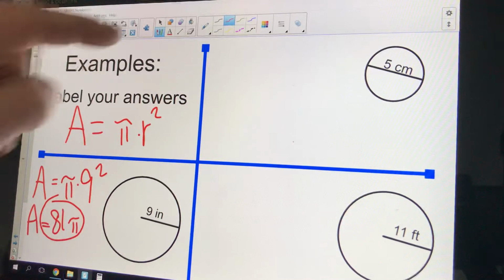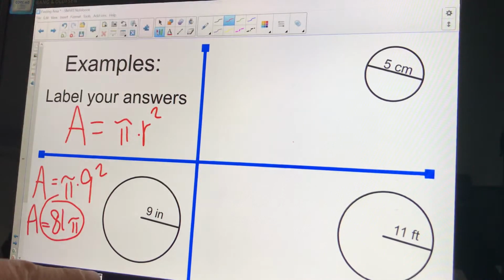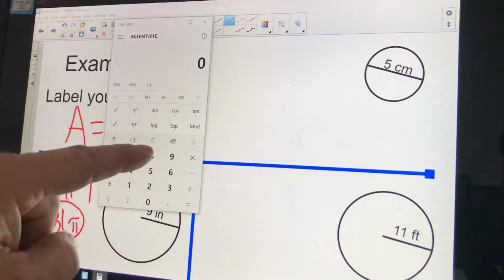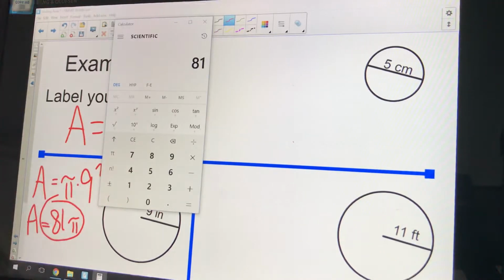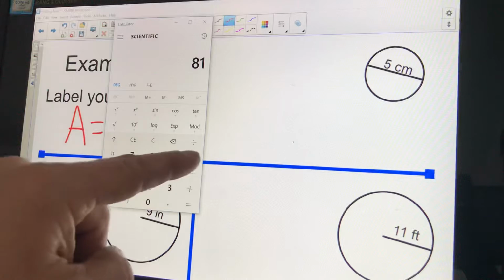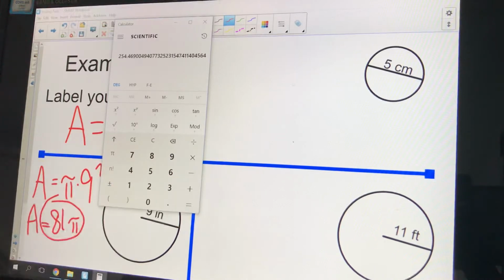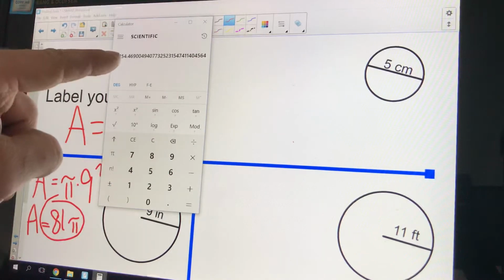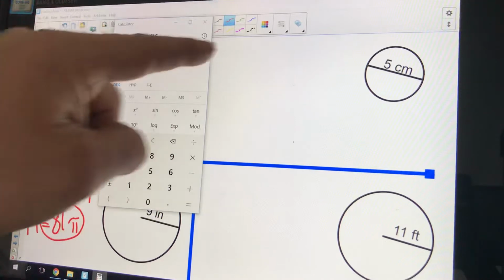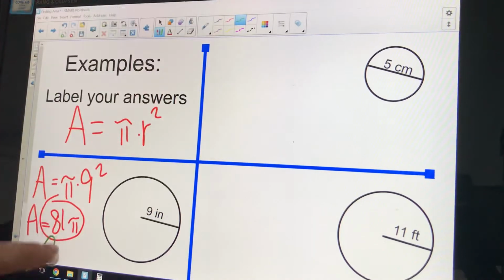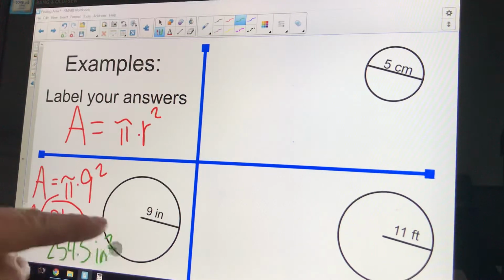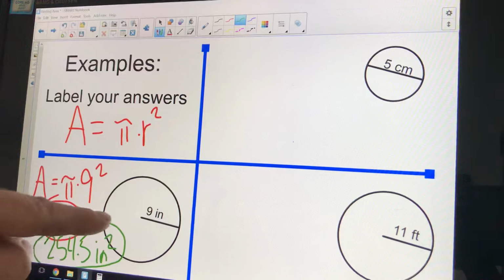The second answer is going to be, if I actually do 81, which means it was 9 times 9, 81 times pi, and that's 254.5 inches squared.